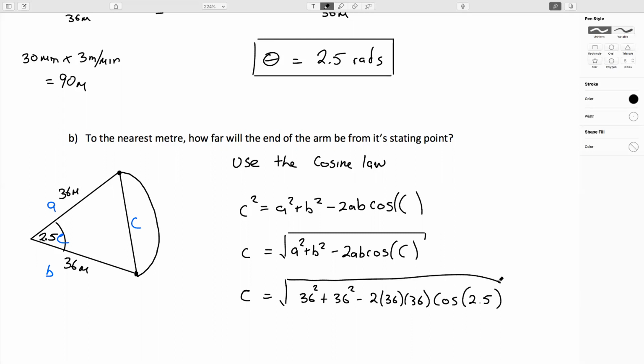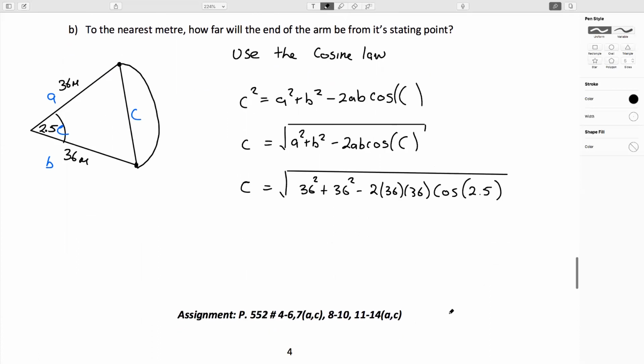And before you put this in your calculator, make sure that your calculator is in radian mode, or it's not going to work. And you end up with c equals 68.3 meters.